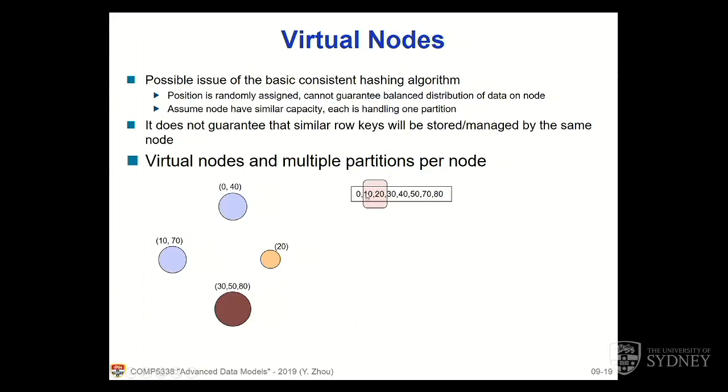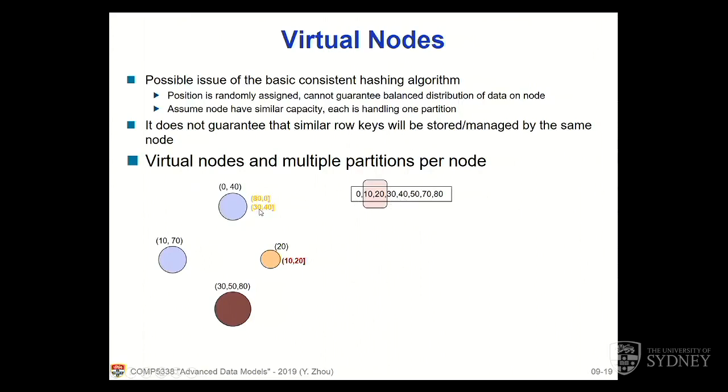So between 10 and 20, that's a partition, and this partition should be served by this node, which has the token 20. The previous node is the one with the token 10, which is this one. It's 10 to 20. And then because this has 0 and 40, we look at, okay, 0 is going here, and 40 is here.